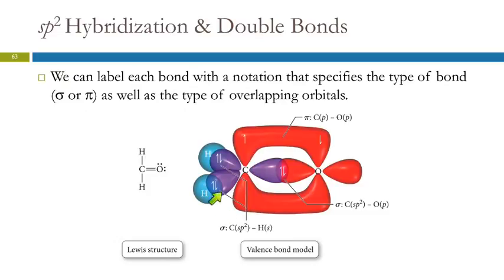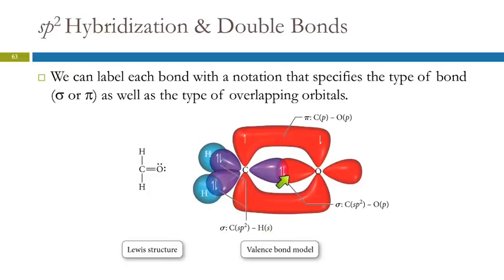So these bonds here are sp2 hybrid orbitals. And so it's a sigma bond because it's an end-to-end overlap. On the carbon, we have an sp2 hybridized orbital overlapping with an s orbital on the hydrogen. So there's the element, the orbital involved, a dash, the other element, and the orbital it has.